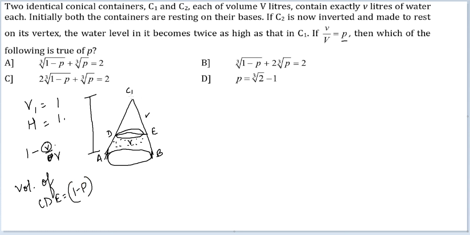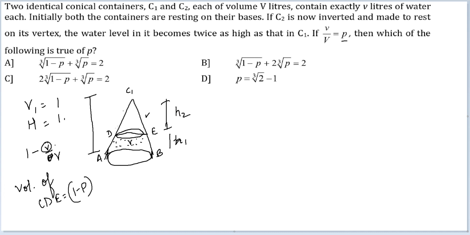Now, because CDE and CAB are similar cones, can you also see the height here? I'm calling it H, and the height here I'm calling H1 and this H2.